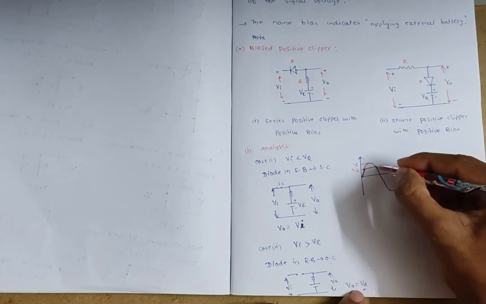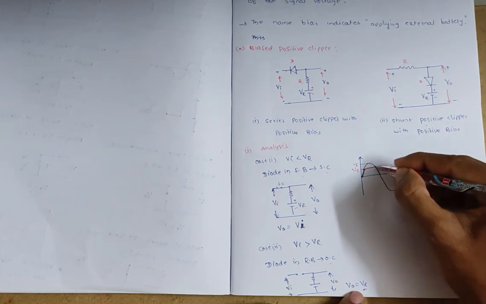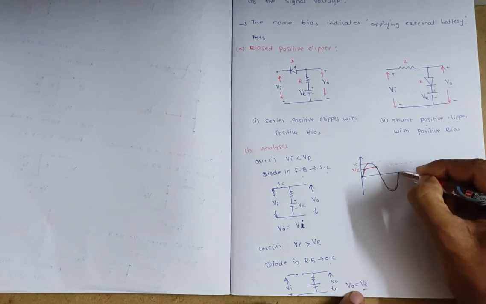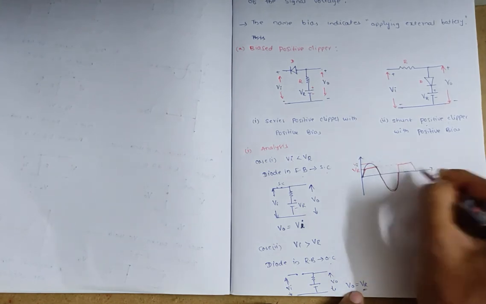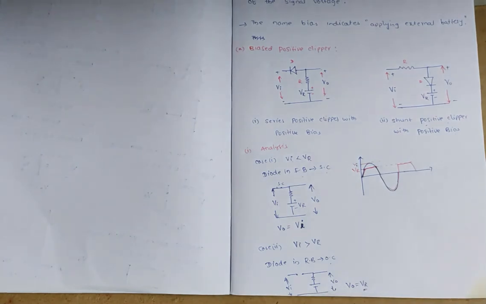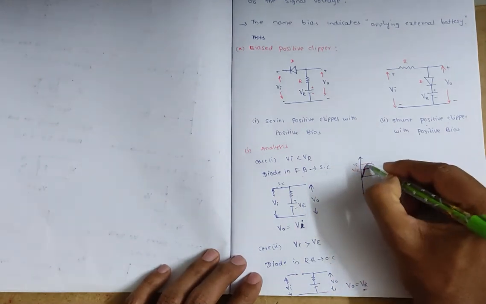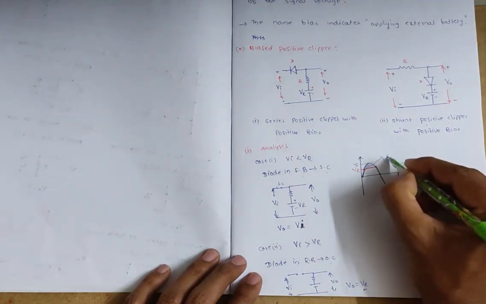When it goes below the VR value, we will get the output again like this. So we are removing this part. We are removing a small part of the positive half cycle. So this part is clipped off.